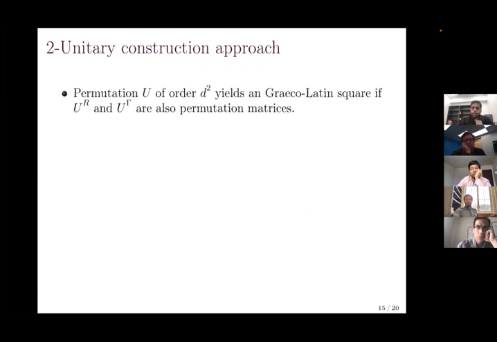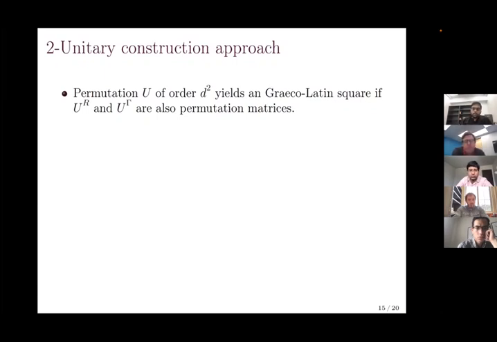So now they're looking at this from a different perspective. They're saying that a permutation of order d square will give you an orthogonal Latin square or Greco-Latin square if the corresponding reshuffled and partially transposed matrices are also permutation matrices.